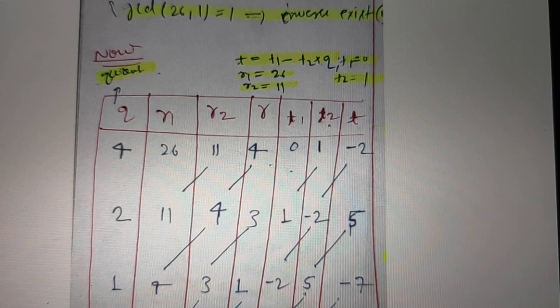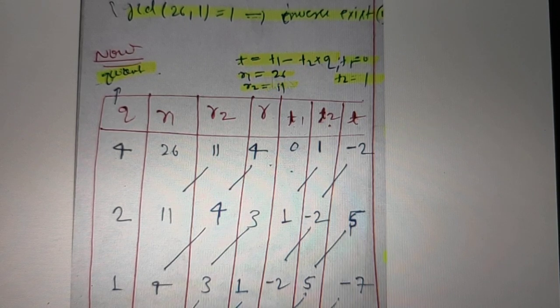We have taken Q and R1, R2, then R, then T1, T2 and T. For T we use the formula T = T1 minus T2 times Q, with predefined values T1 equal to 0 and T2 equal to 1.